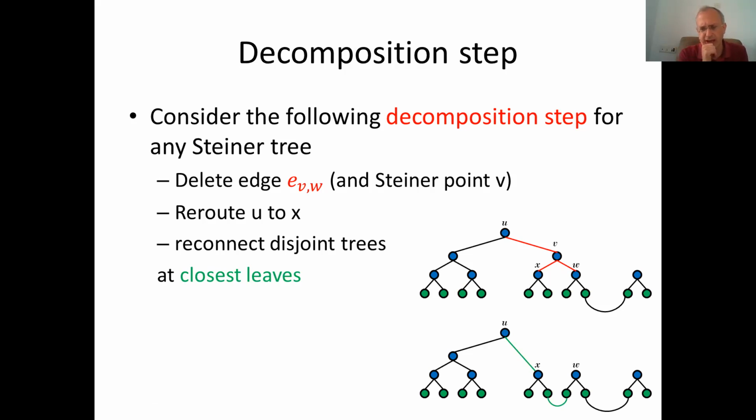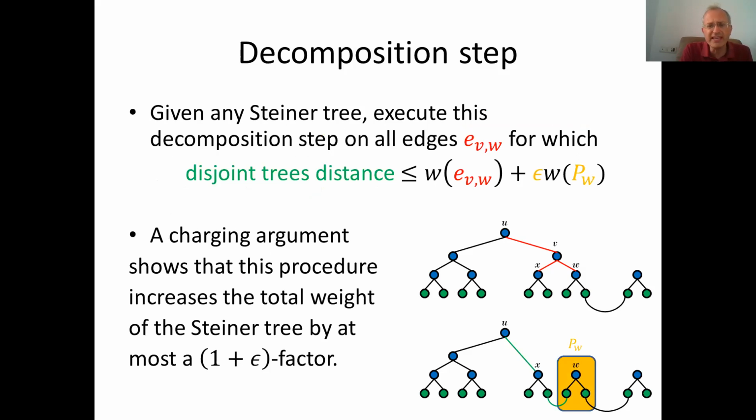We deleted the edge VW and inserted this green arc to reconnect the tree together. So there's some cost associated with this, but we're going to keep on doing this as long as the cost is relatively small. As long as the cost of joining those disjoint trees, that's the little green arc, is smaller than the weight of the edge that we deleted, that connected V and W, plus a small factor times the weight of the proper Steiner tree that W was a part of.